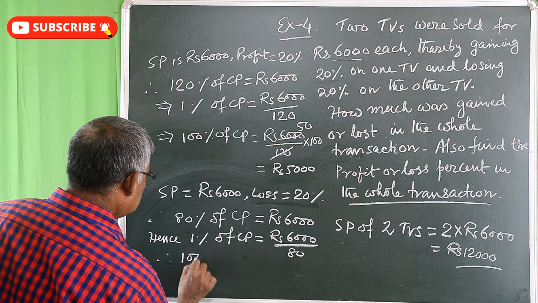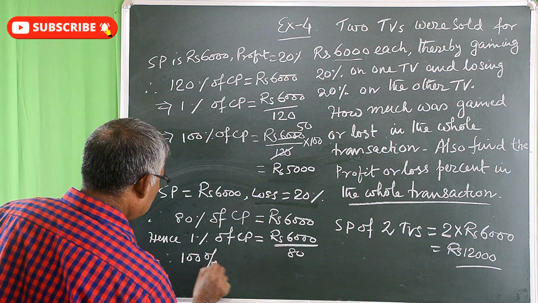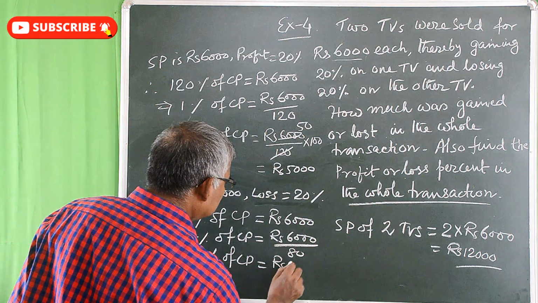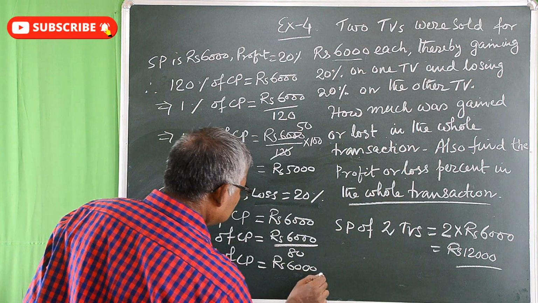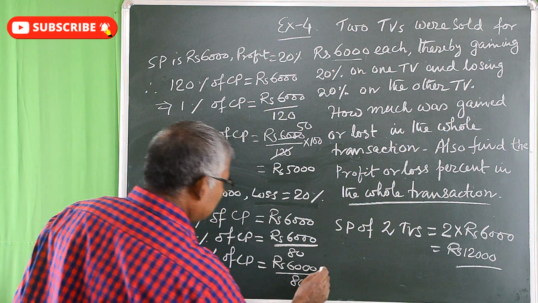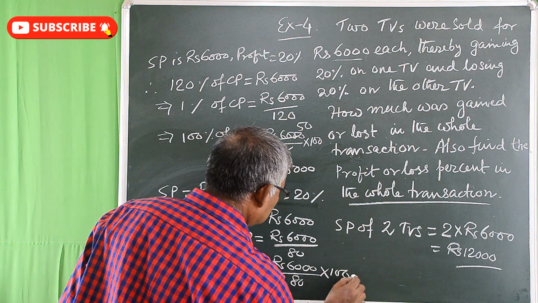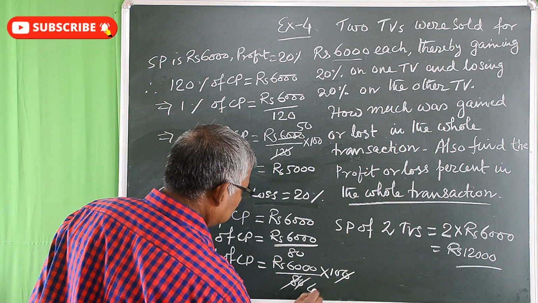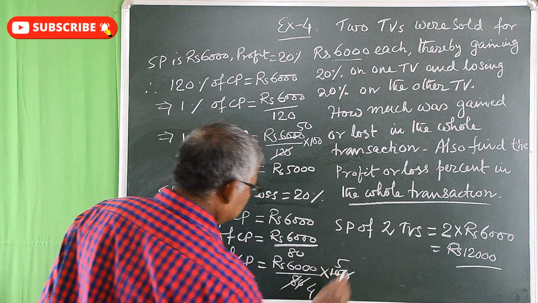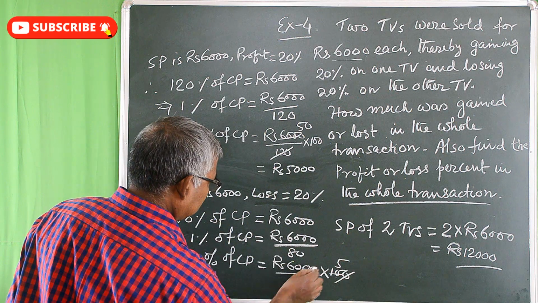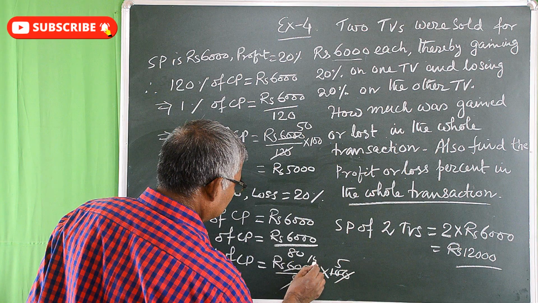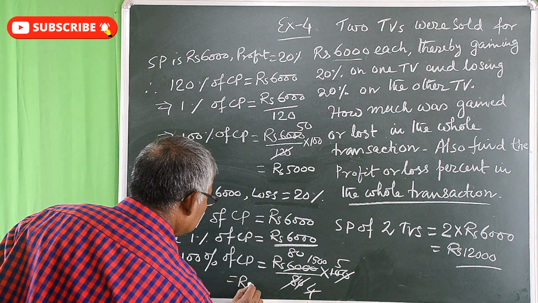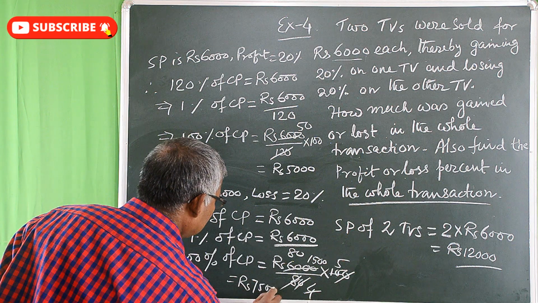Therefore, 100% of CP equal to rupees 6,000 by 80 into 100, equal to rupees 7,500.